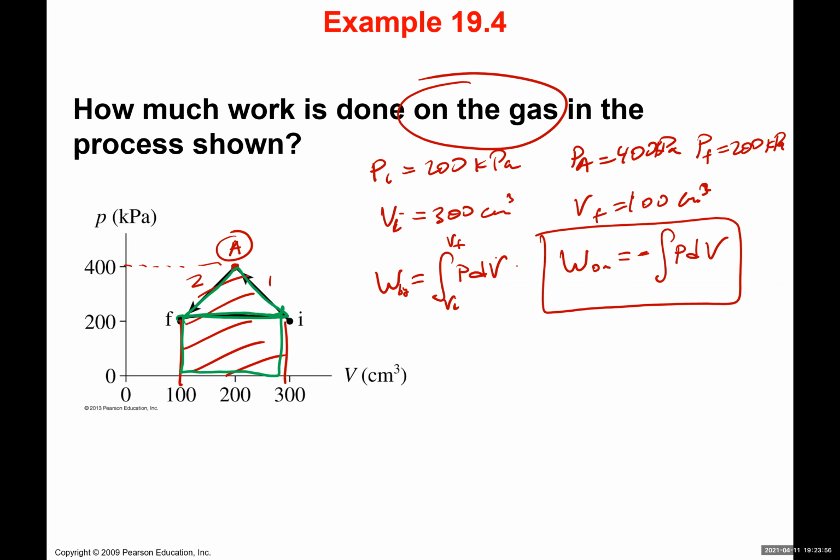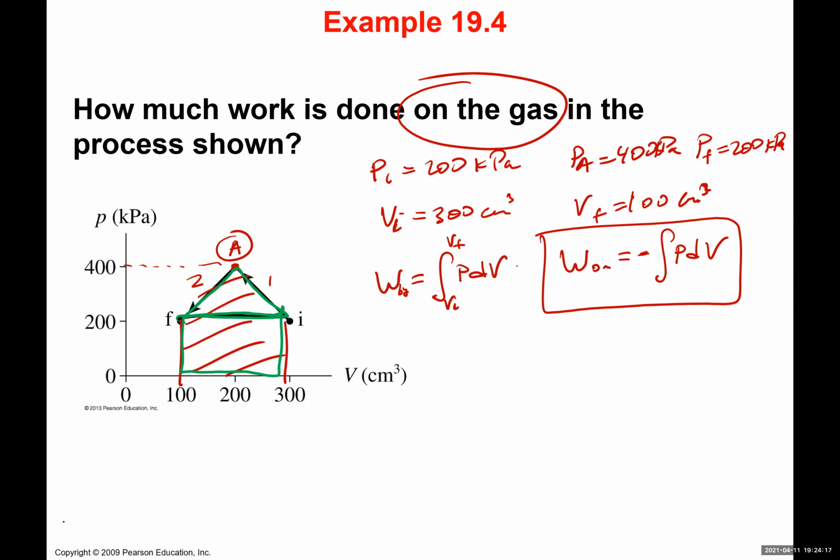By the way, the negative comes from the fact that when you do work on the gas, you are pushing the piston inward, so the volume decreases.